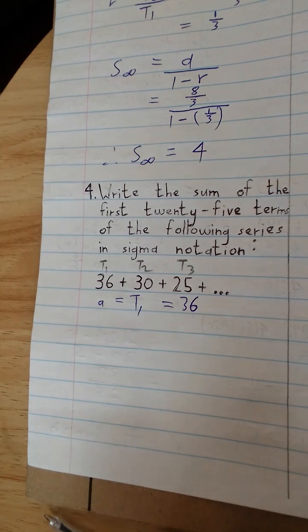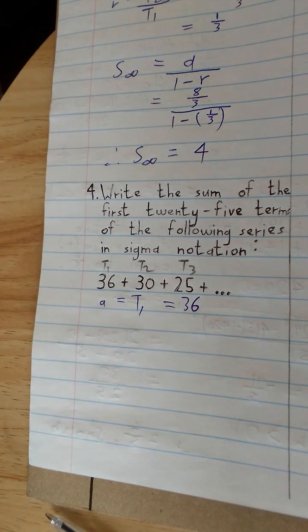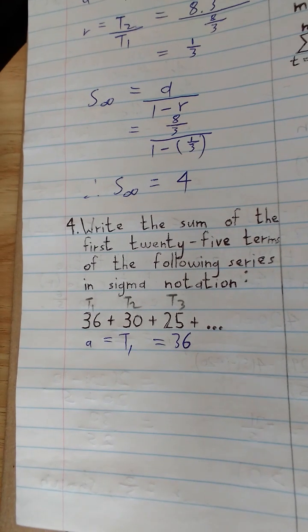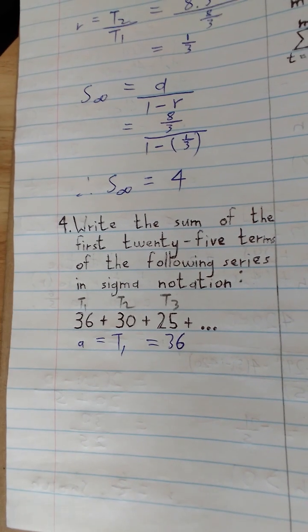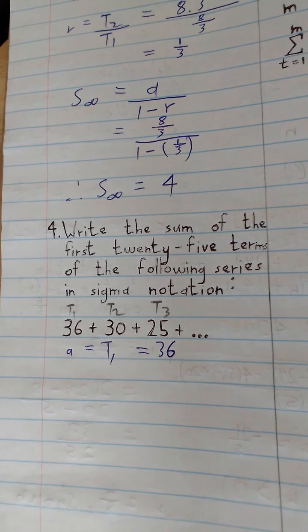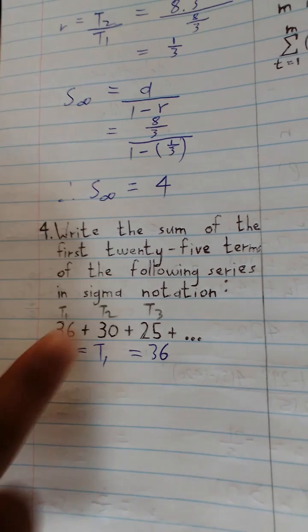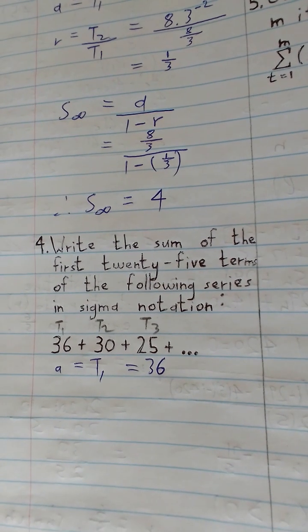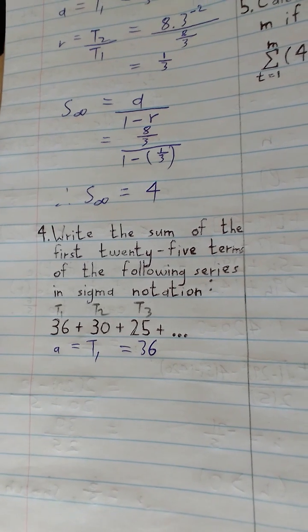Now we need to determine whether it's arithmetic or geometric, right? Let's start with arithmetic. D is T2, which is 30, minus T1, which is 36. We get negative 6. T3 is 25, minus T2 is 30. Negative 5. So we get two different answers, negative 6 and negative 5.